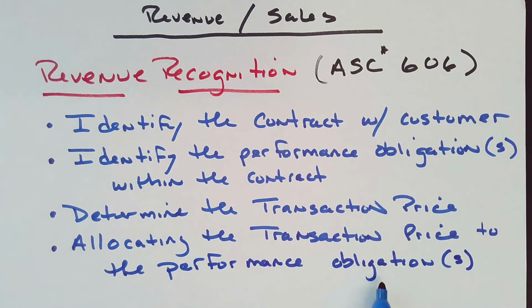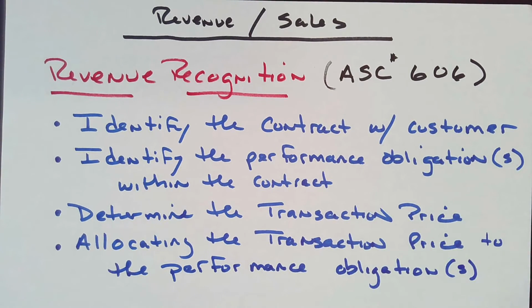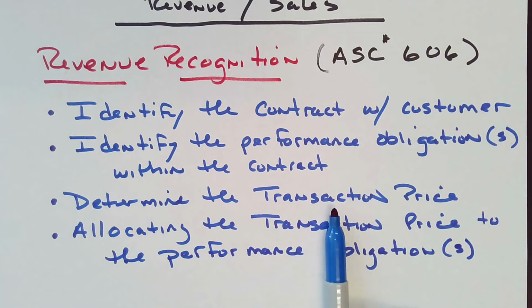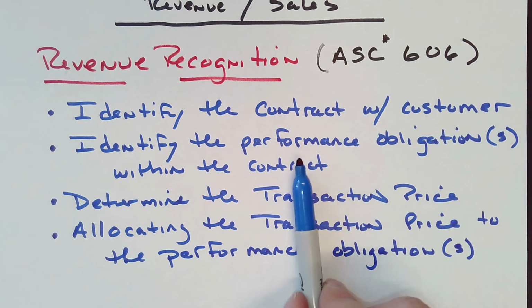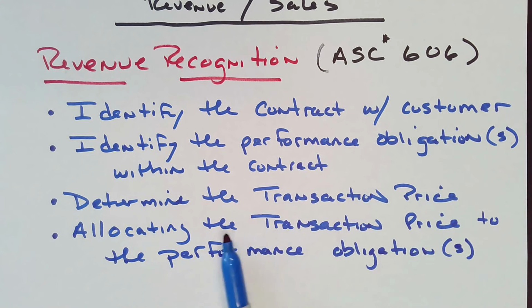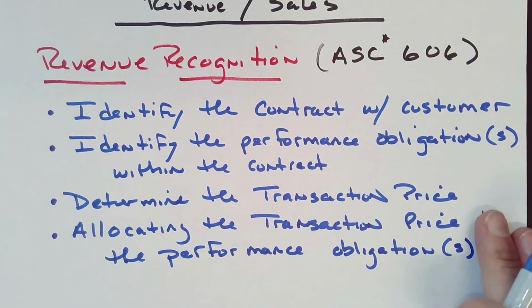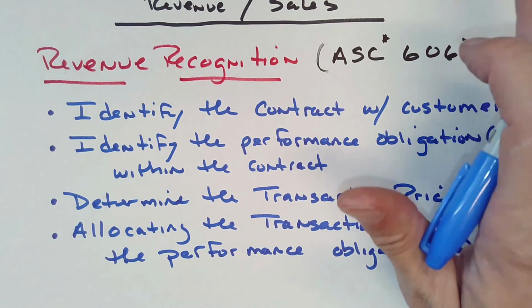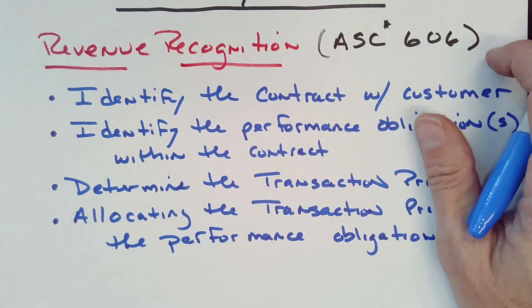Now, if there's one obligation, it's easy, right? The entire transaction price goes to that one obligation. Not that hard. But if it's a singular transaction price, and there's multiple performance obligations, then I have to do some kind of allocation of the transaction price to all of these different performance obligations. We haven't recognized any revenue yet. It's the fifth step that allows us to recognize revenue.